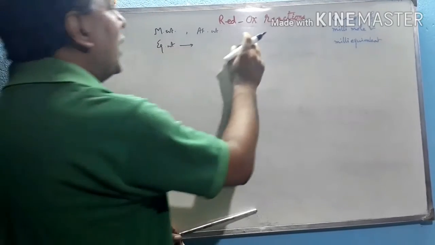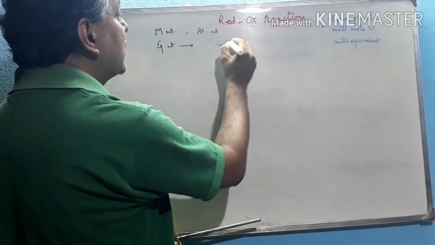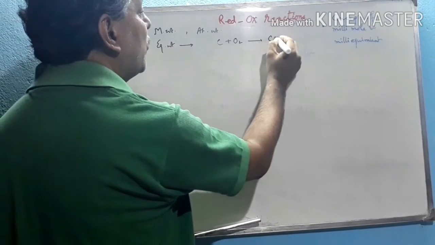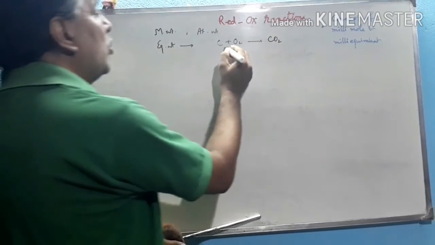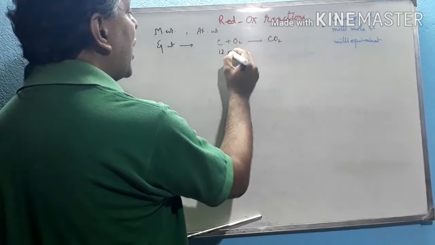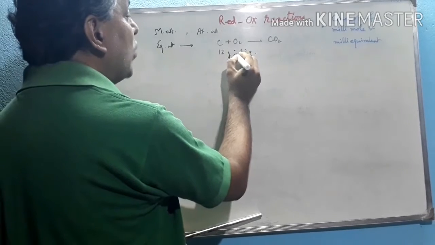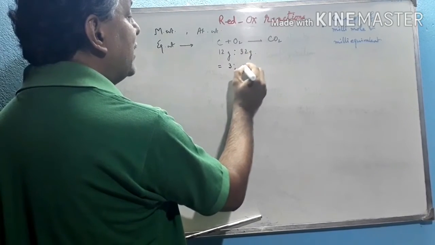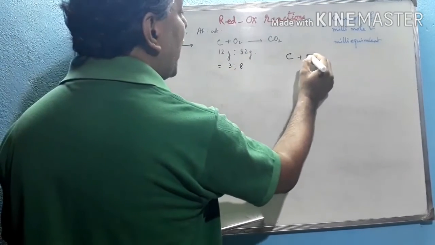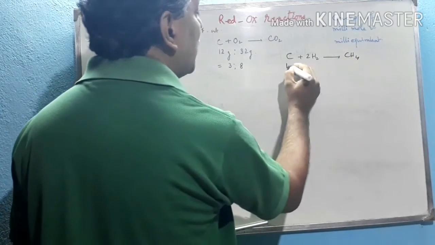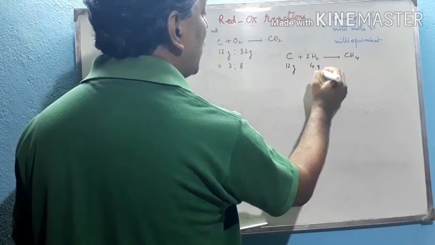So what is equivalent weight? Suppose in the formation of carbon dioxide, C plus O2, carbon combusts with oxygen to form CO2. We know that 12 gram of carbon combines with 32 gram of oxygen. So the ratio is 12 to 32, that means 3 to 8. Again, carbon plus 2H2 combines to form CH4. Again, 12 gram of carbon combines with 4 gram of hydrogen.